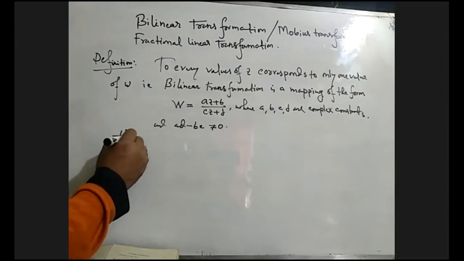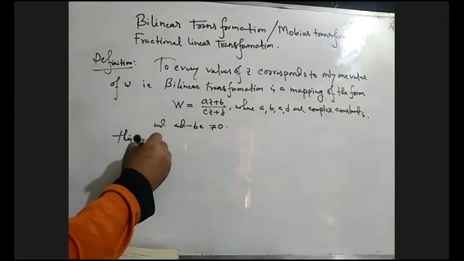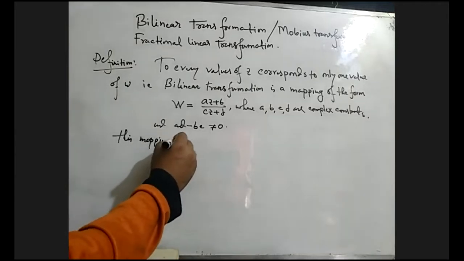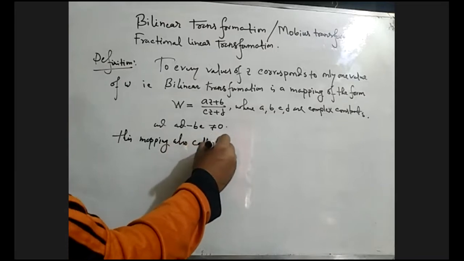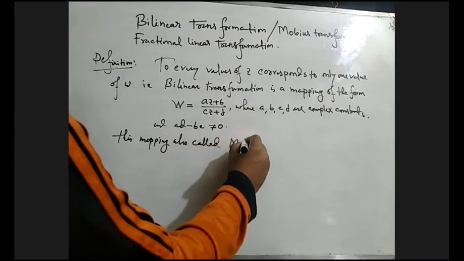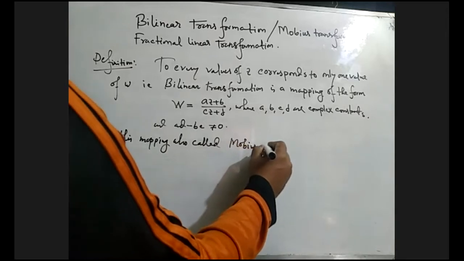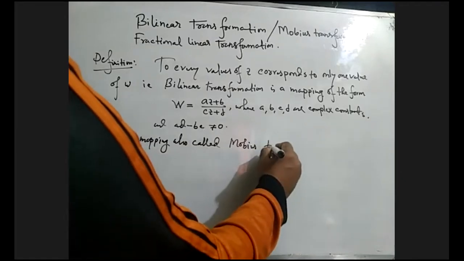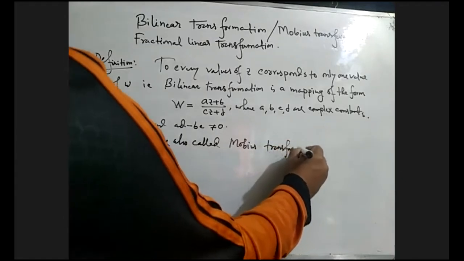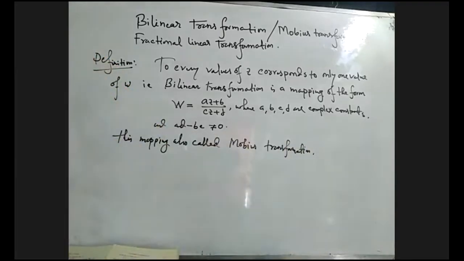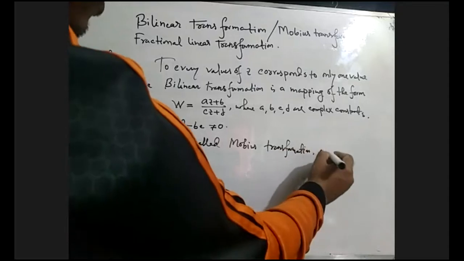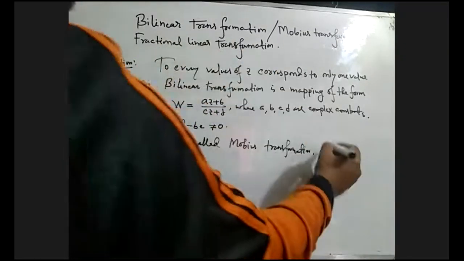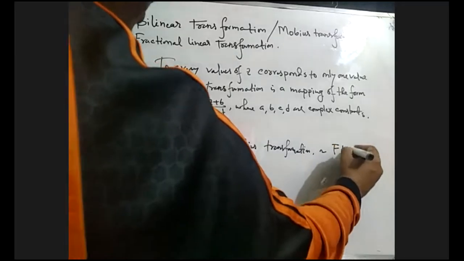This mapping is also called a Mobius transformation, or fractional linear transformation, FLT.